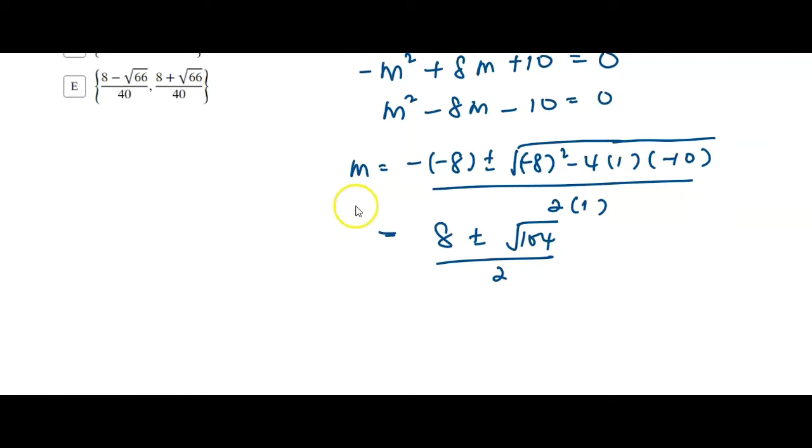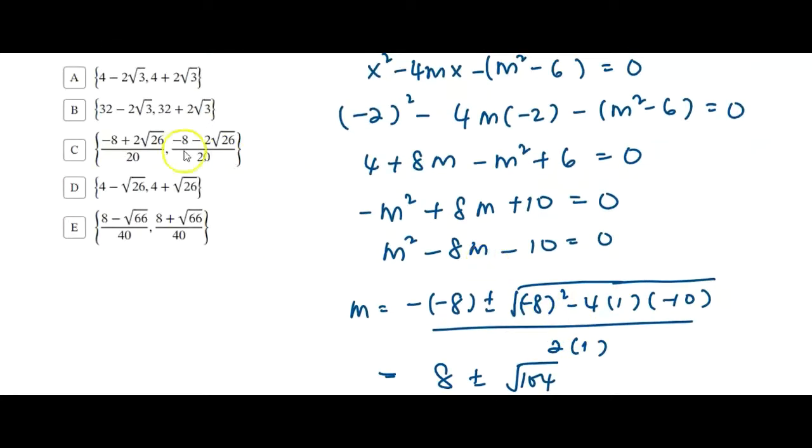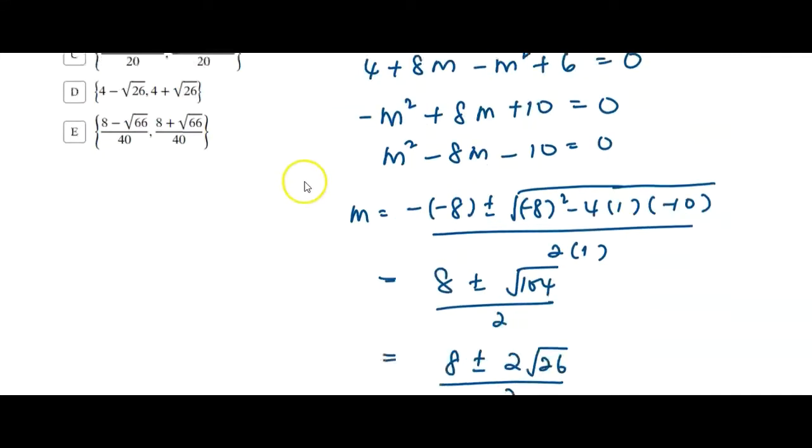But meaning that now we need to simplify the square root of 104. We can see that 104 consists of 26 multiplied by 4, where the square root of 4 is equal to 2. Then we have 2 multiplied by surd 26 over 2. All right. And now you can see that option B is not the answer because our 8 is positive and the 8 given by option C is negative 8.